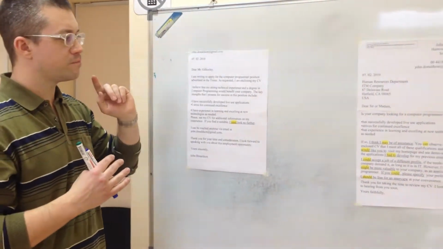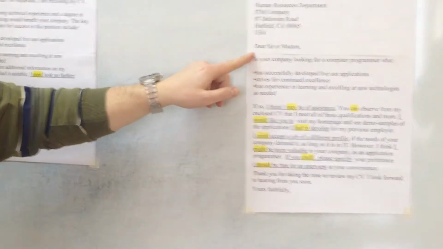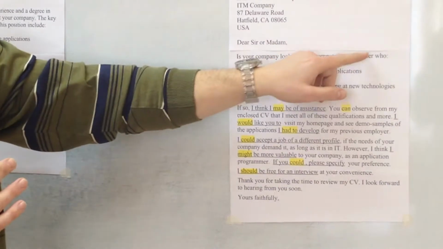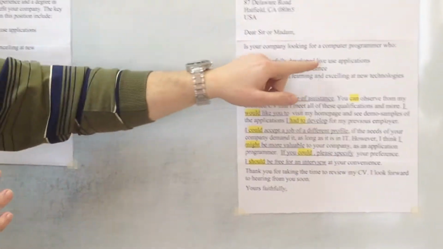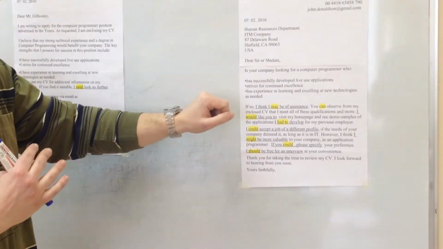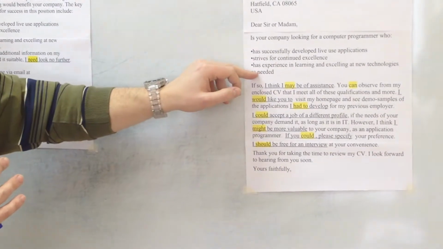But look over here. Dear Sir or Madam, is your company looking for a computer programmer who has successfully developed live use applications, strives for continued excellence, has experience in learning and excelling at new technologies as needed? So what's the difference?